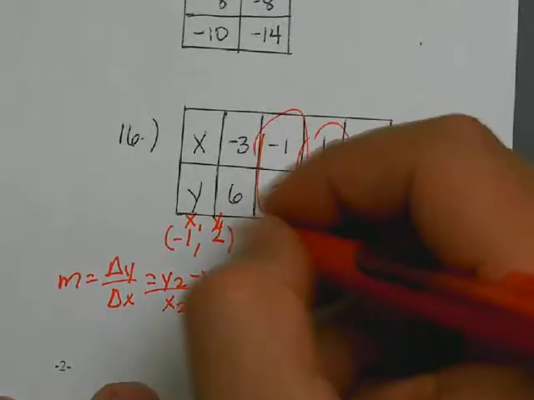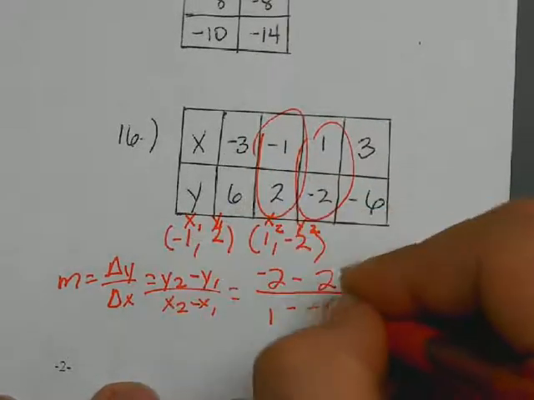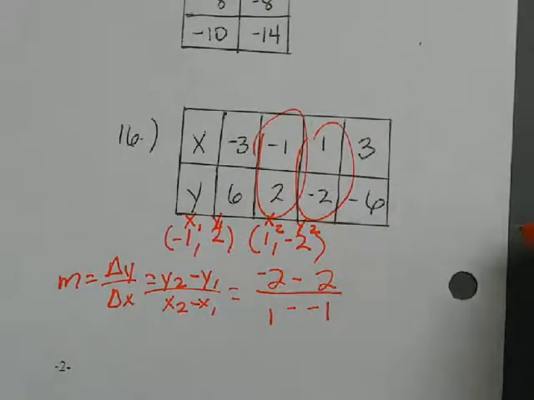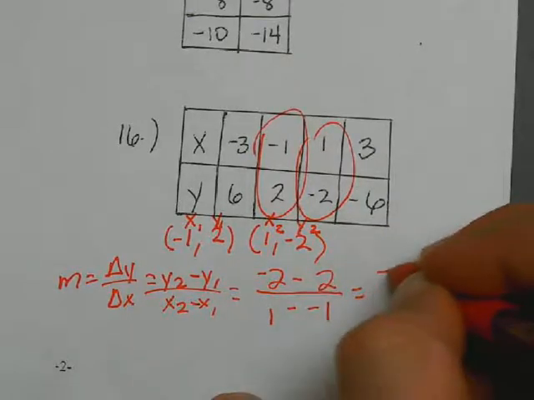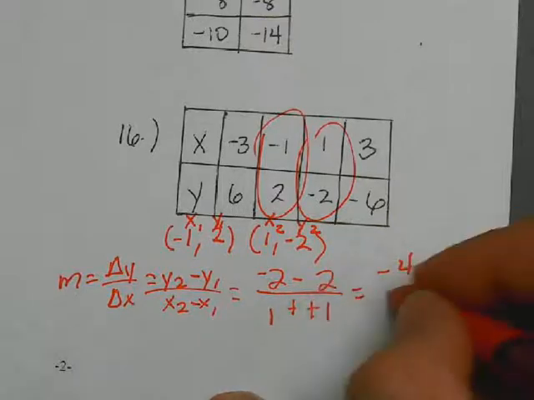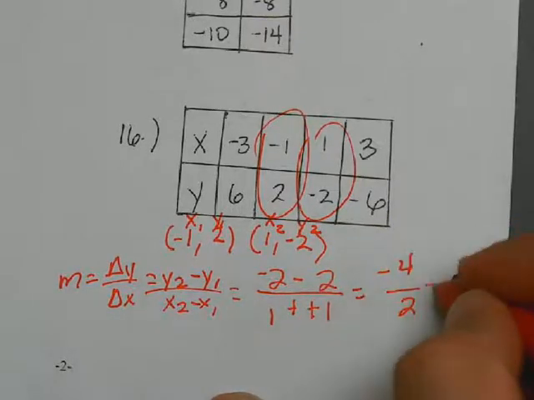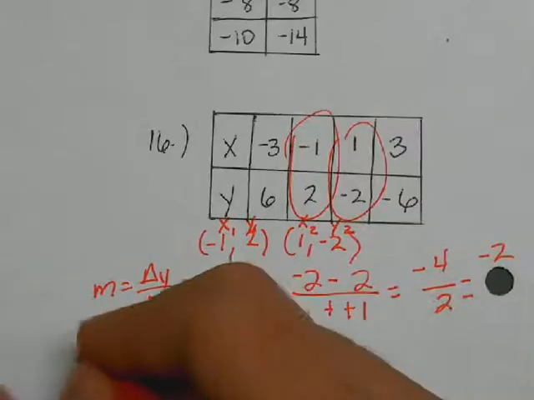I got -2 minus 2 and 1 minus -1. So -2 minus 2 is simply -4, and we add there. 2 minuses turn to a negative. 1 plus 1 is 2. -4 divided by 2 would equal -2. So my M is -2.